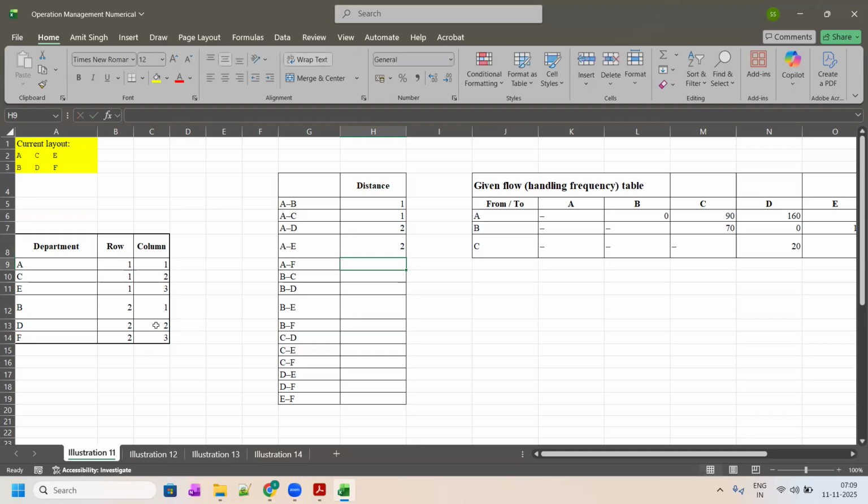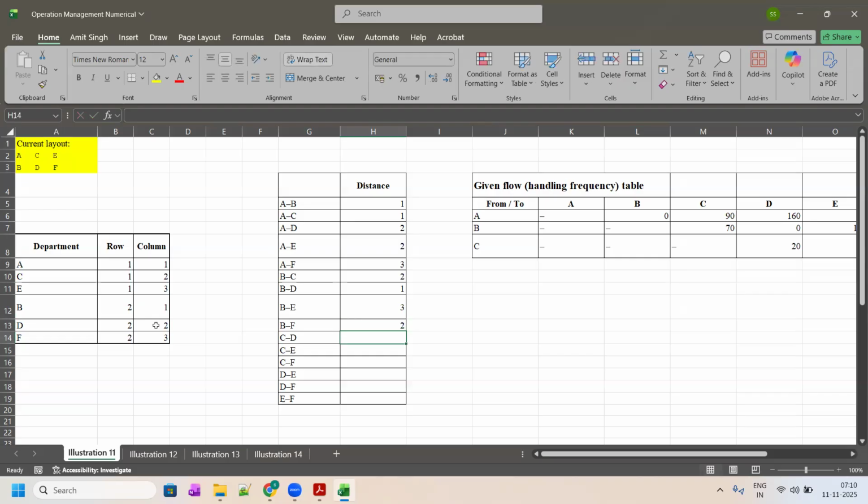A to F, 3. Then B to C, 2. B to D, 1. B to E, 3. B to F, 2.